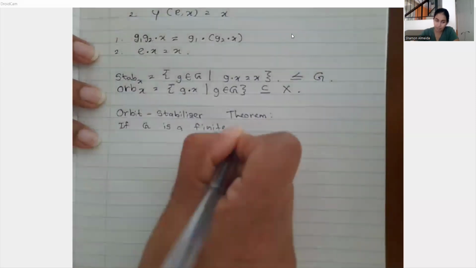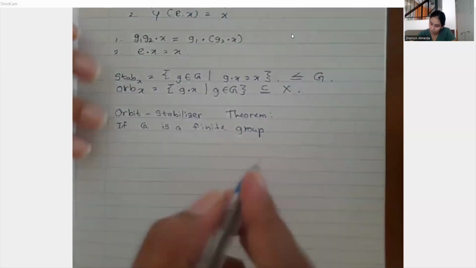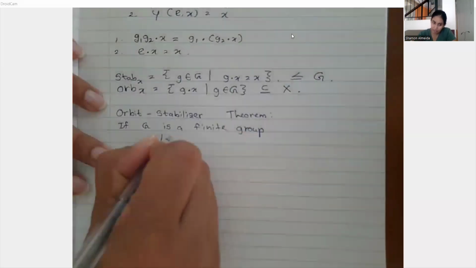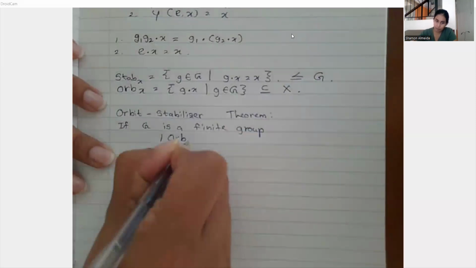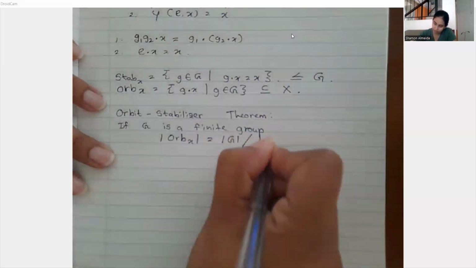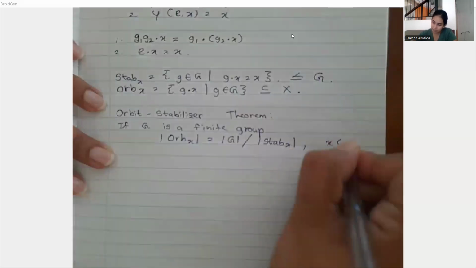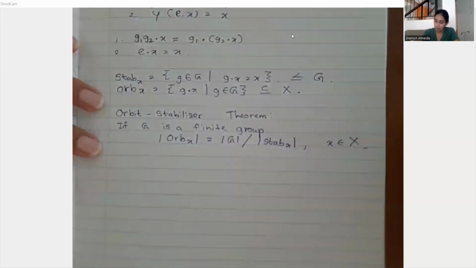If G is a finite group and it acts on a set X, we have the number of elements in the orbit of X to be the same as the number of elements in G over the number of elements in the stabilizer of X, where X is an element in the set X.